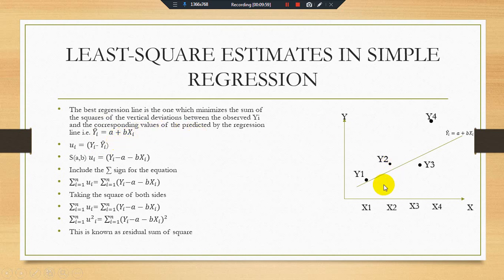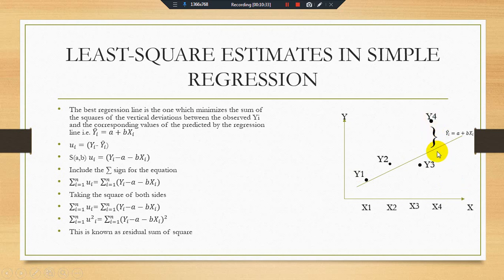Okay, what do you mean by the part which is under the estimated line, and what do you mean by the part which is over the straight line? What do you mean by the difference between this and this? Let's discuss the difference.